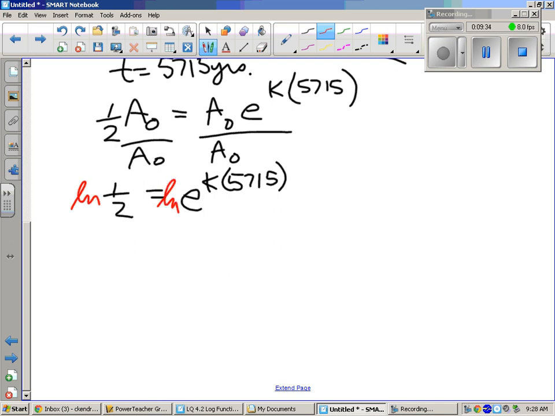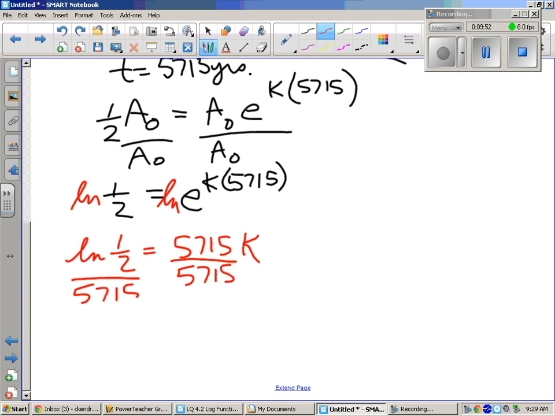And what happens there is natural log of 1/2, and the natural log of e is just 1, equal to 5715k. Then we divide to get k alone, by 5715, and we get k to be approximately negative 0.000121.